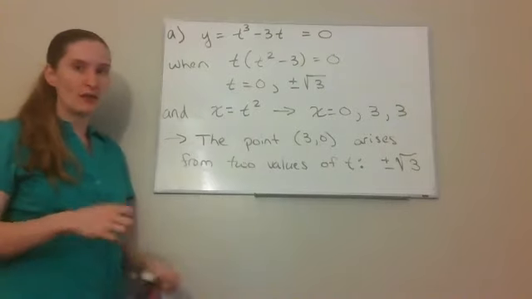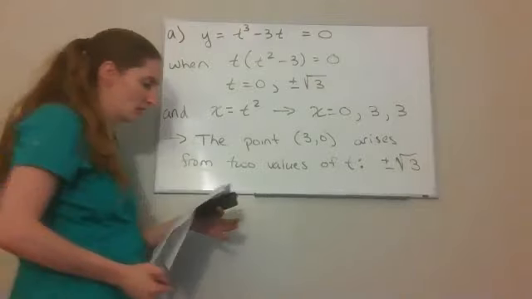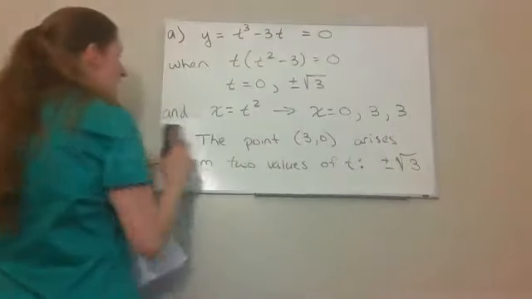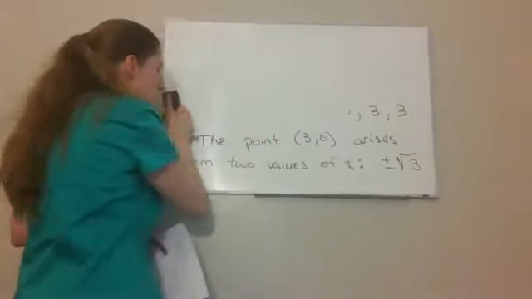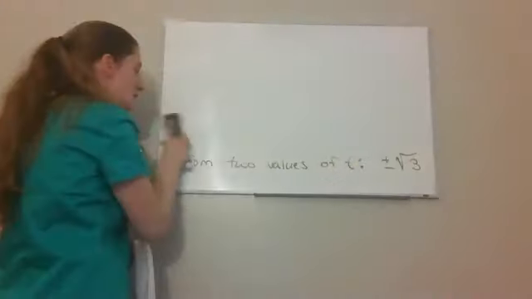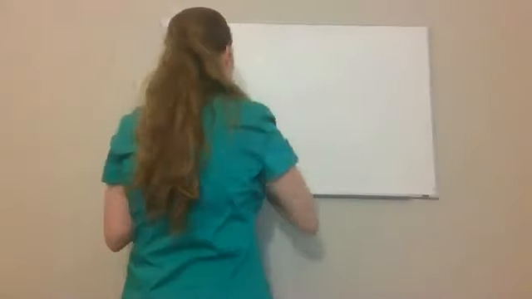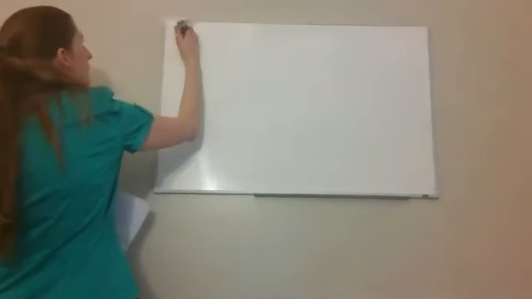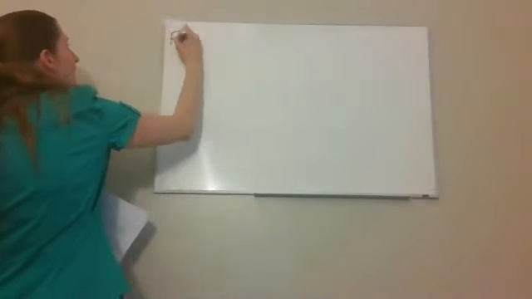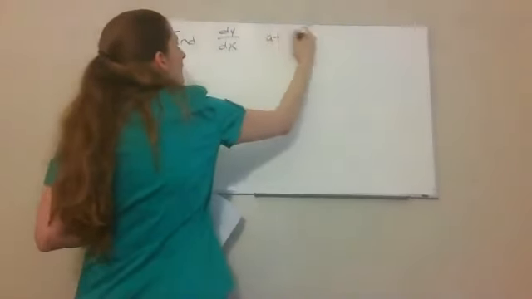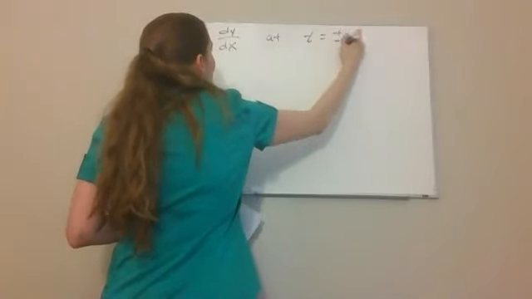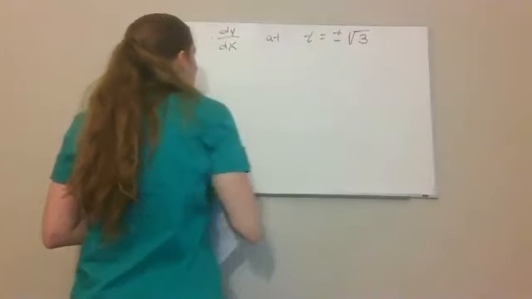It's going to cross itself at that point. So to find the tangent lines at this point, we're going to need the derivative. We're going to find the slope of the tangent line at t equals plus or minus square root of 3.